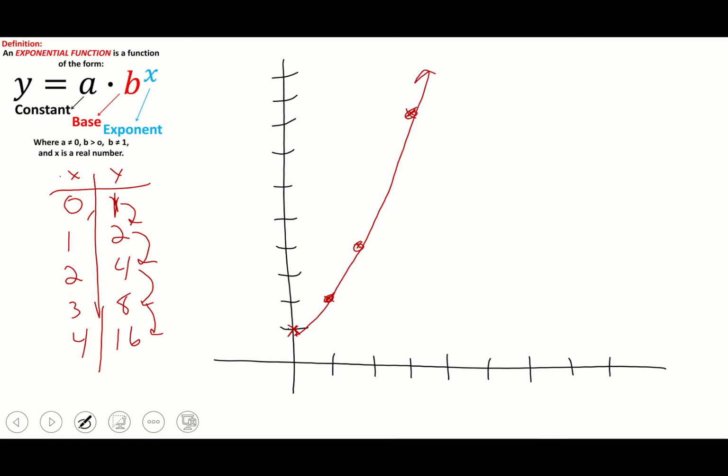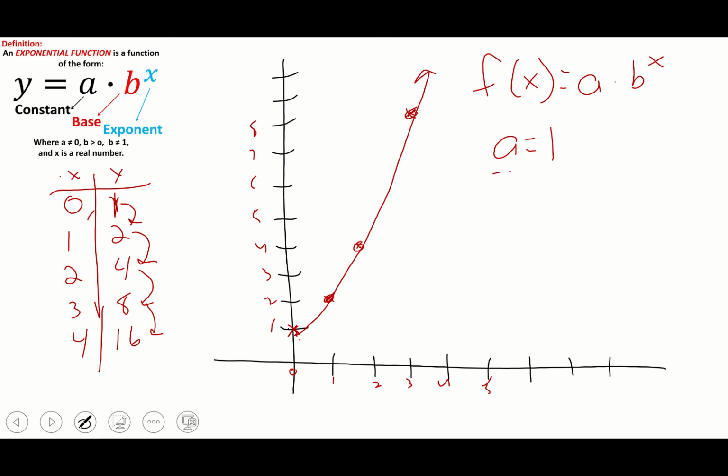Okay, so let me write my equation. I'm going to say f of x, I want to do the fancy way, is equal to a times b to the x. A is my initial value. It crosses the y-axis, where x is 0. Should have labeled the graph, I apologize. So the initial value, it starts off when x is 0, and now your y value is 1.